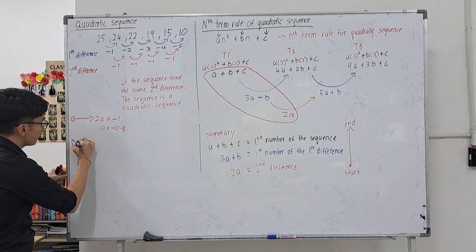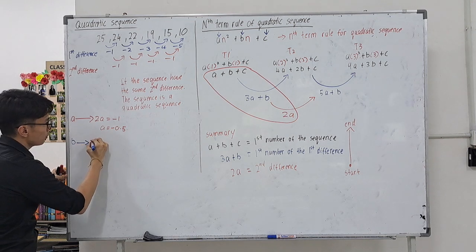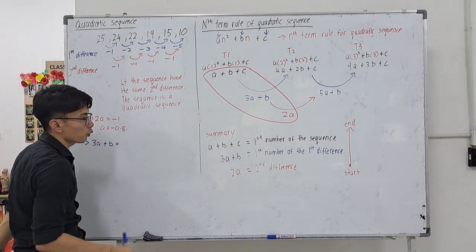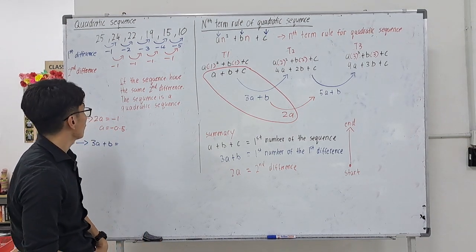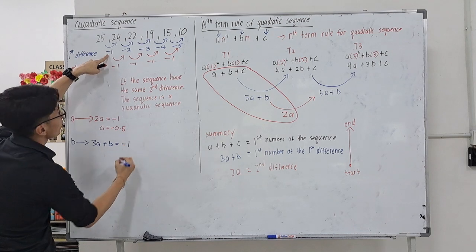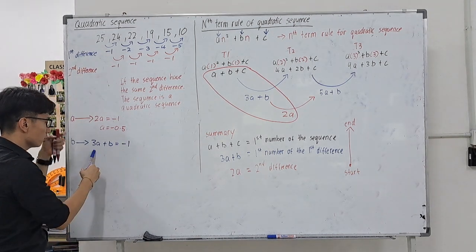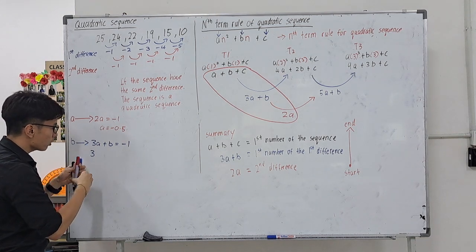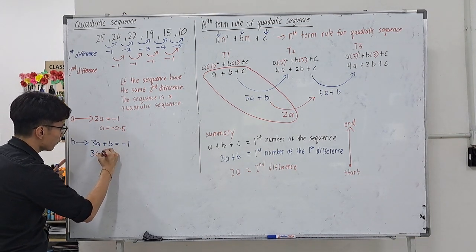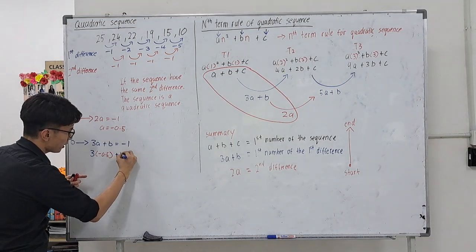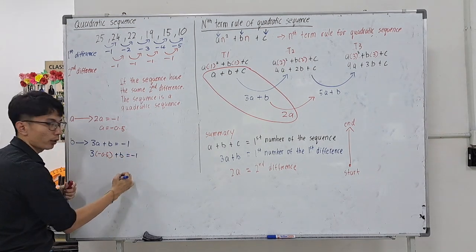So I'm going to do my b right now. To find my b, I'm going to use 3a plus b, and that will be equal to the first number of the first difference. So in this case, that will be -1. Okay, so I will solve this right now. My a over here is -0.5 plus b, and that will equal -1.